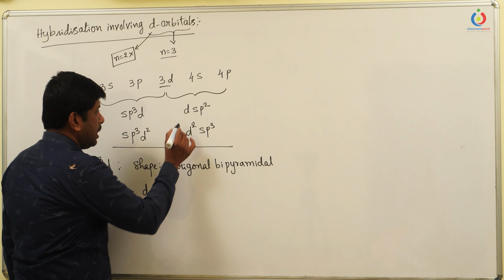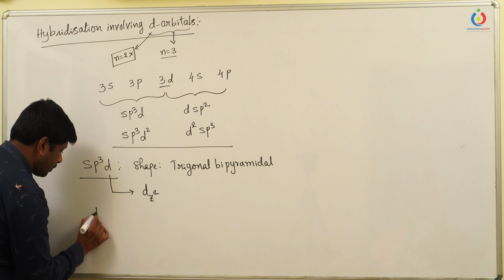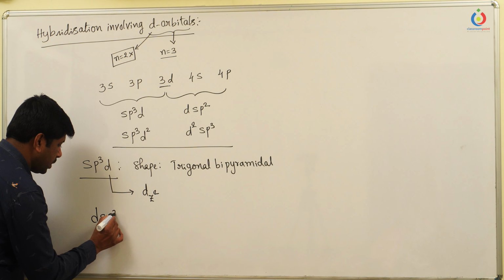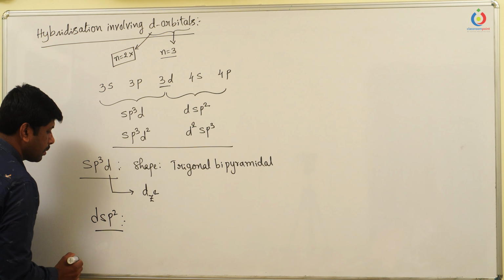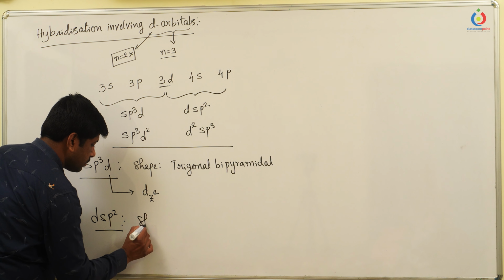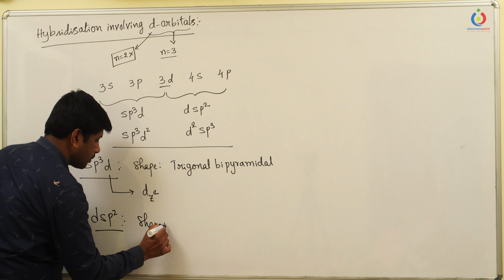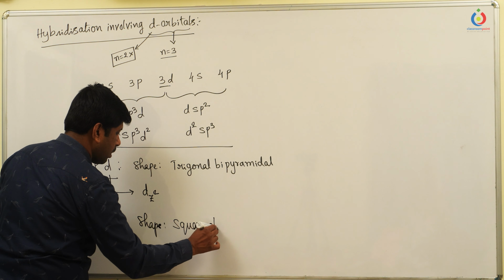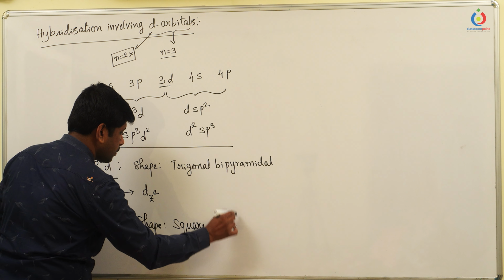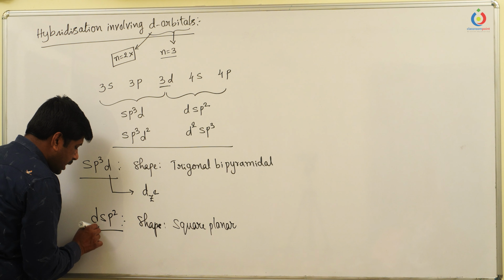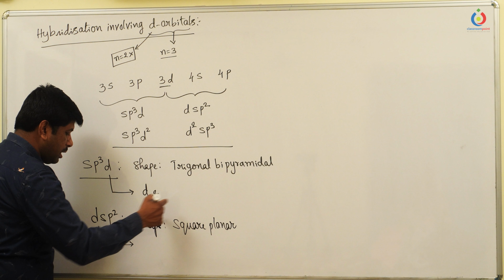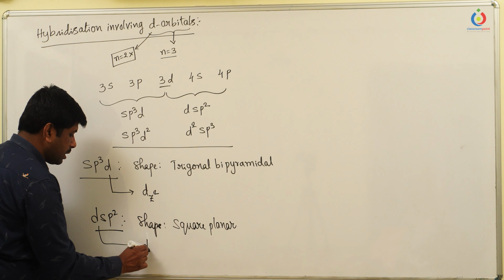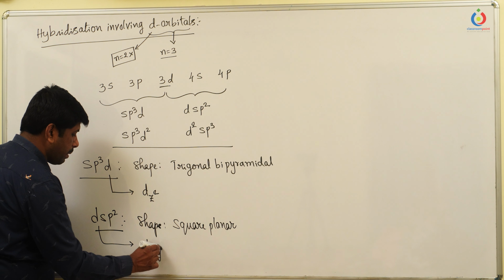And in the case of dsp2 hybridization, the shape is square planar, and the d orbital participating in the dsp2 hybridization is dx square minus y square.